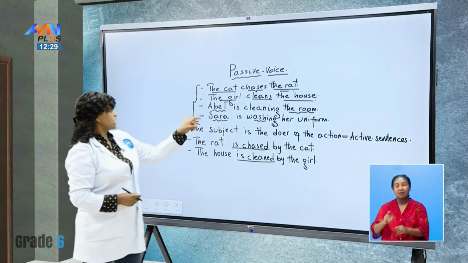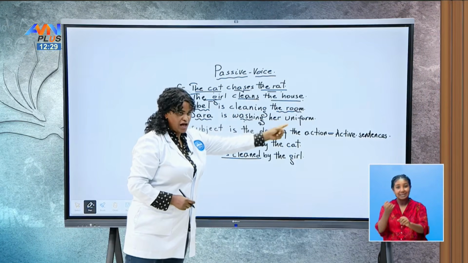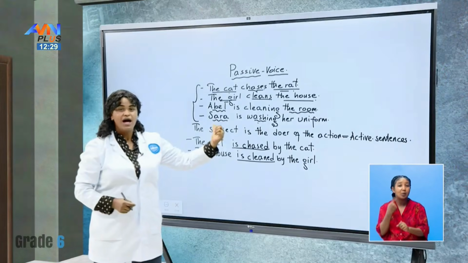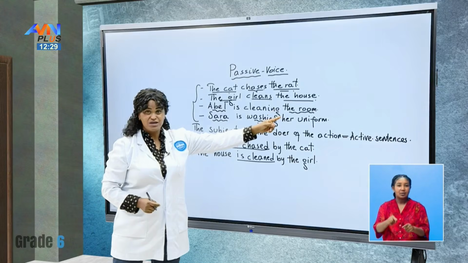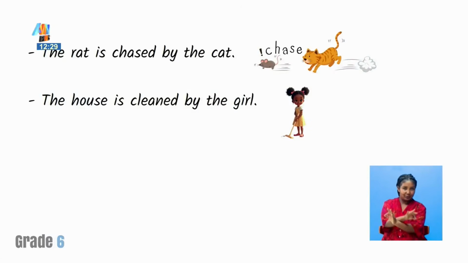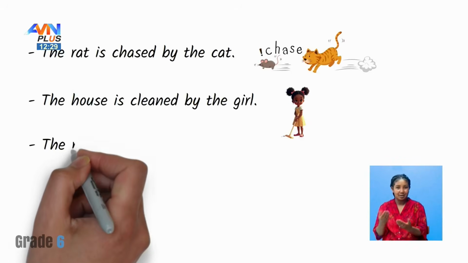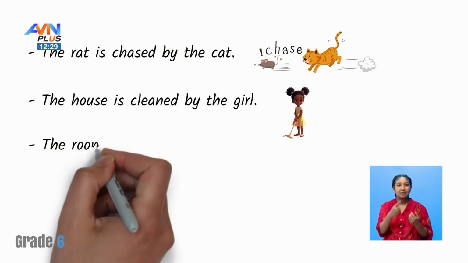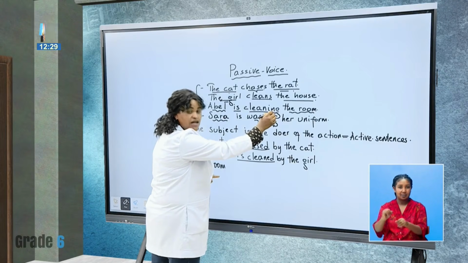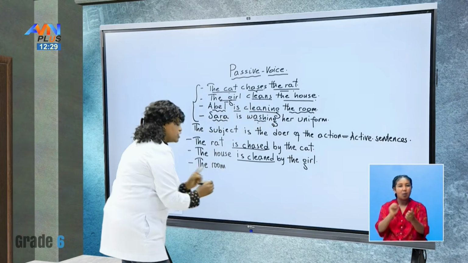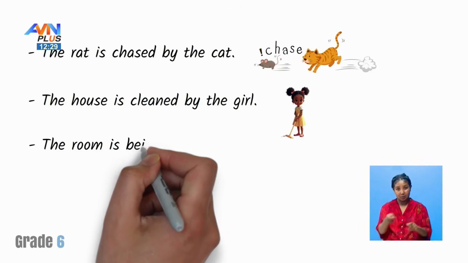Let's go to the second part, which is present continuous. Abel is cleaning the house. Who is cleaning the house? Abel, our subject. But let us start by saying the room. The room, which was the receiver over there, is now going to be our subject. Now, how do I do that? The room is, since it is present, then it is continuous.